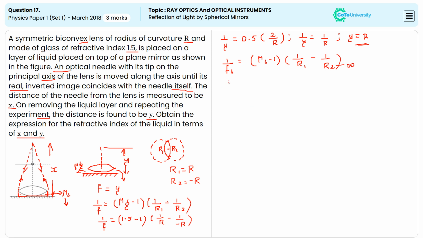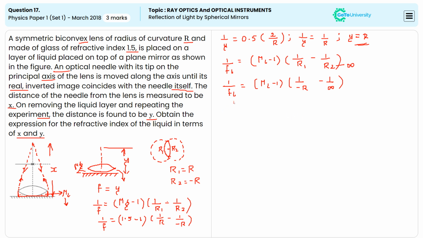Then we can substitute 1 upon FL is equal to mu L minus 1 into 1 upon R1, that is minus R, minus 1 upon infinity. 1 upon infinity is equal to 0.